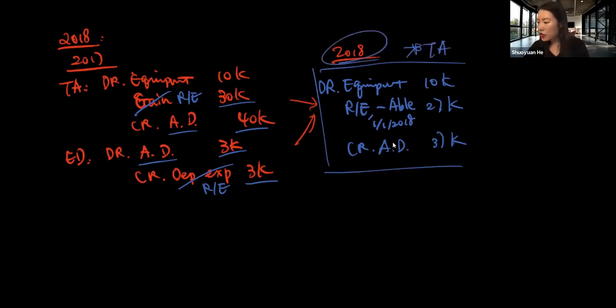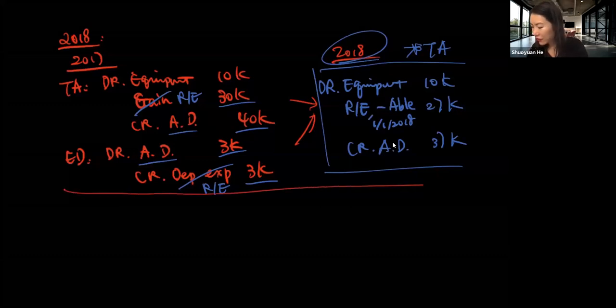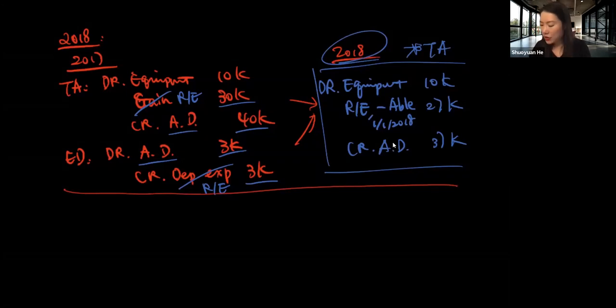So this entry is our start TA entry in the year 2018. And then another entry we need to make in the year 2018, let me just write it over here again. So this is the first entry. And then the second entry is, we have Able and Able plus Baker, right? So in the year 2018, the same depreciation problem happened again, the same thing as in the previous year.